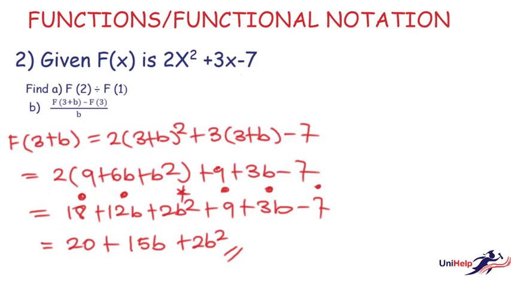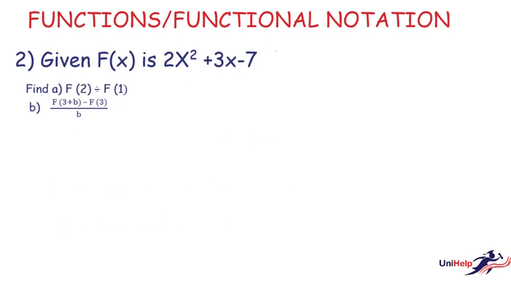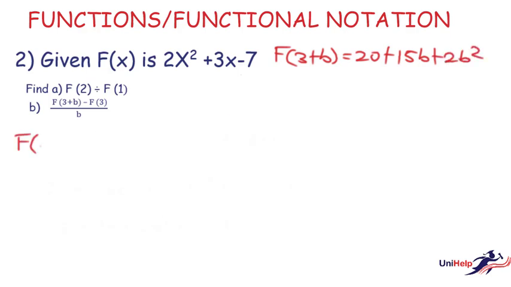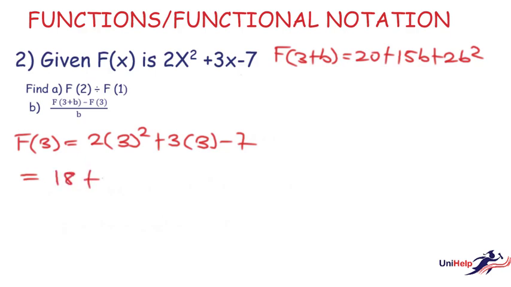Let's create more space for f of 3. Now, we know f of 3 plus b is equal to 20 plus 15b plus 2b squared. Now, f of 3 is equal to 2 into 3 squared plus 3 into 3 minus 7, which is equal to 18 plus 9 minus 7, which is equal to 20.